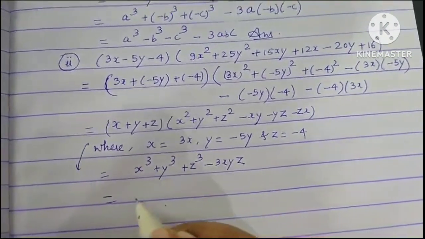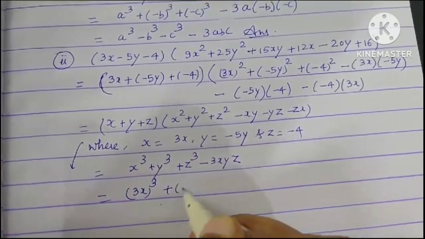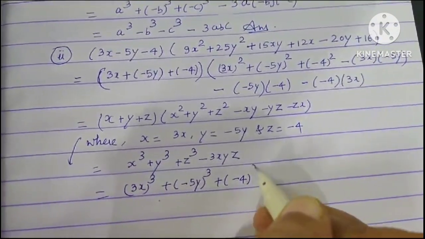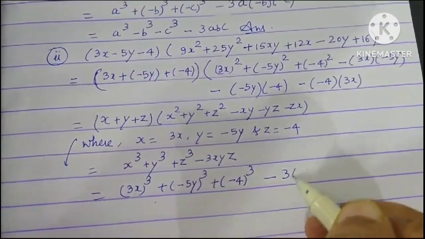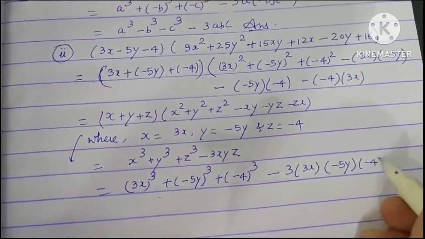We will simply put in the values: 3x cube plus minus 5y cube plus minus 4 cube minus 3x, y and z.